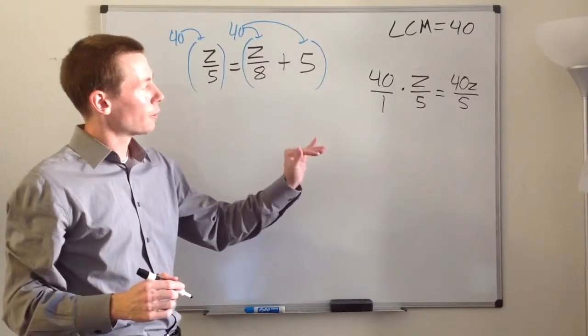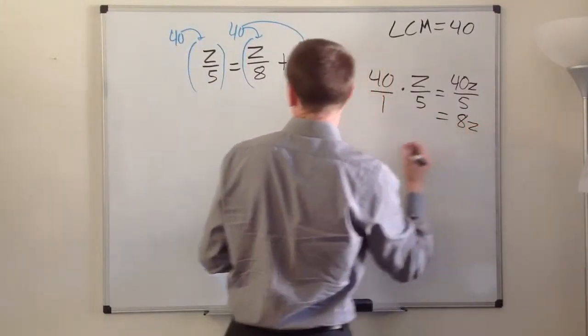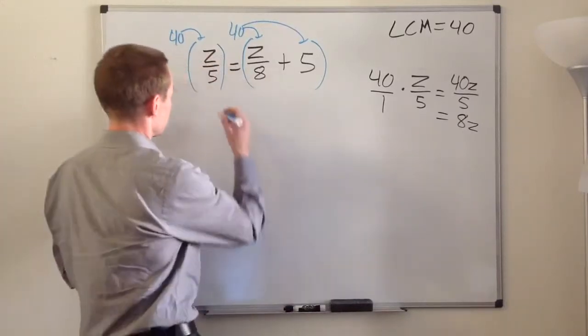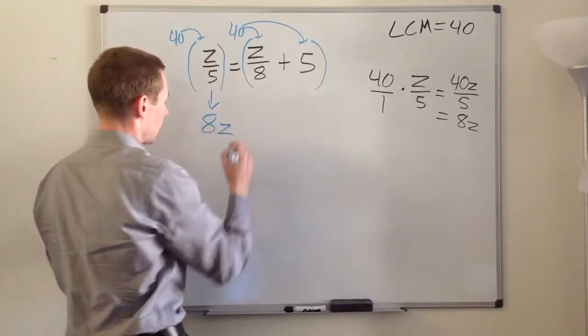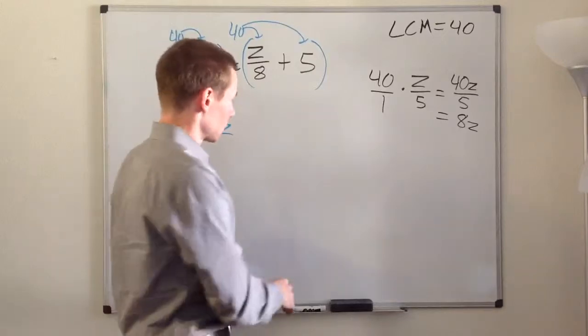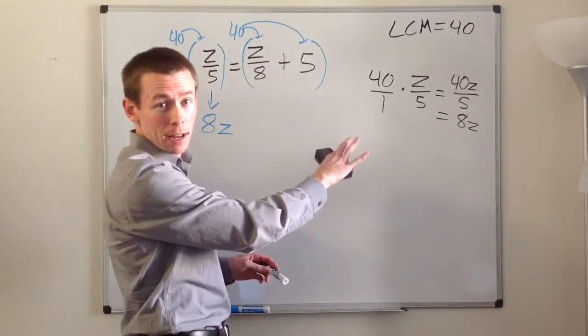And 40 over 5 is 8, so this really equals 8z when we begin to clear the fractions. All right? So this was kind of the longer method of writing it out.